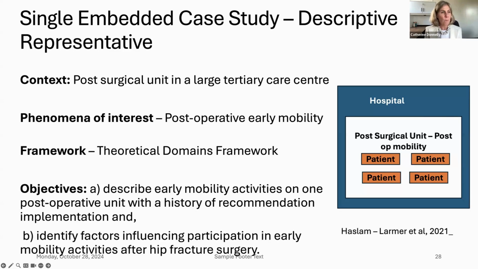What she really wanted to look at is, she was a nurse practitioner and had worked in this hospital and was really interested in how people implement early mobility standards and protocols.